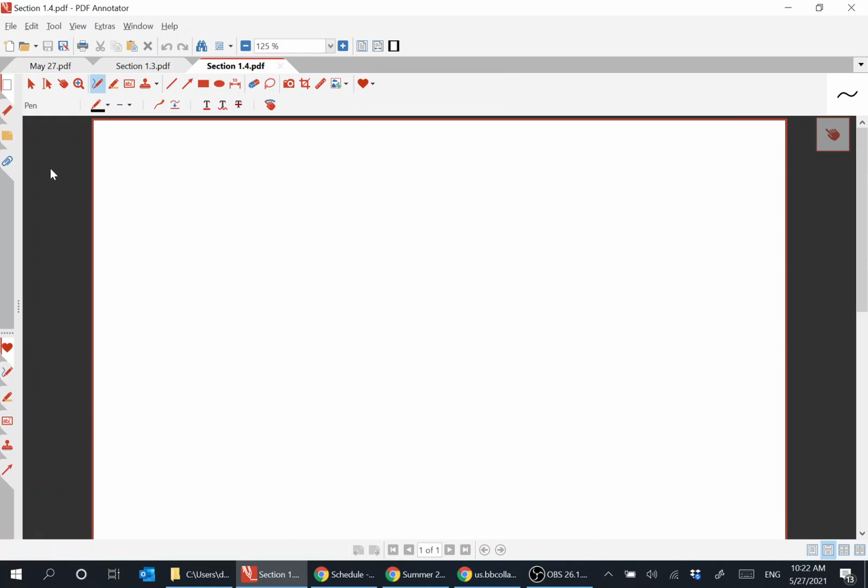Section 1.4 is on solving quadratic equations. So far the only equations we're really able to solve are linear ones.